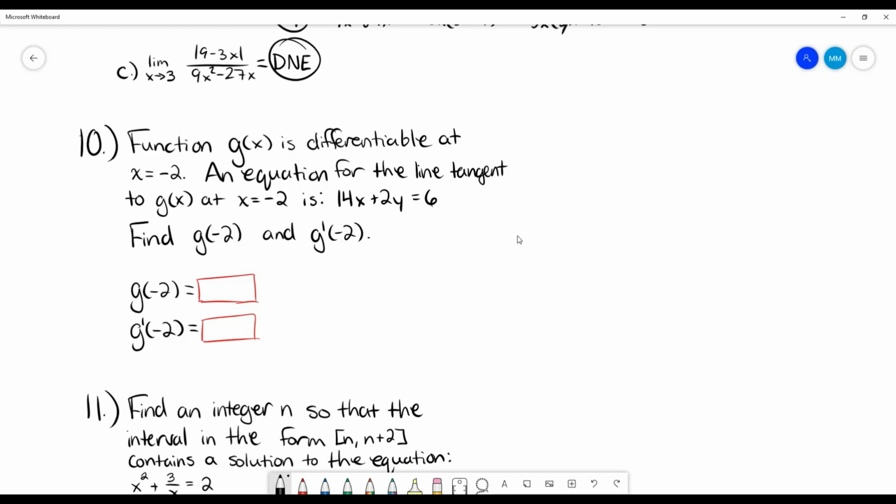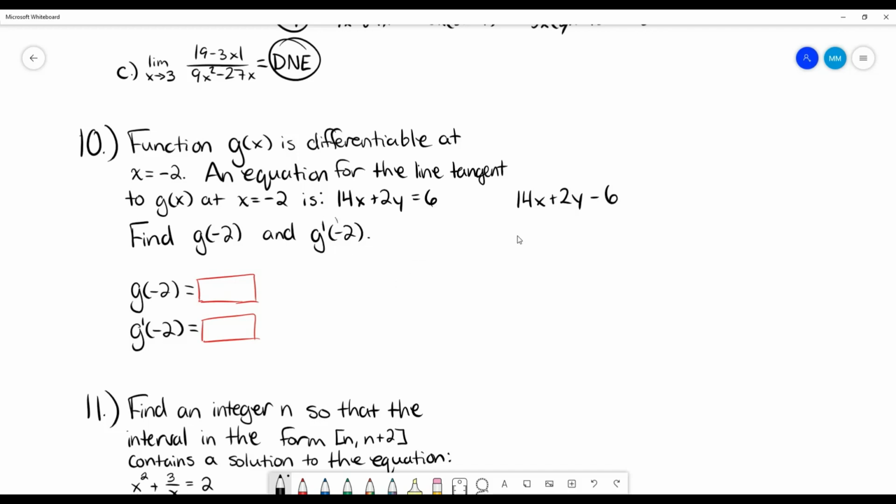And all that this means is that we want to figure out what our y value is at x equals -2, and we want to figure out what the slope of the original equation is at x equals -2, which is pretty easy since this is our tangent line equation, right? 14x plus 2y equals 6. We know that the slope in this equation is going to be whatever g prime of -2 is.